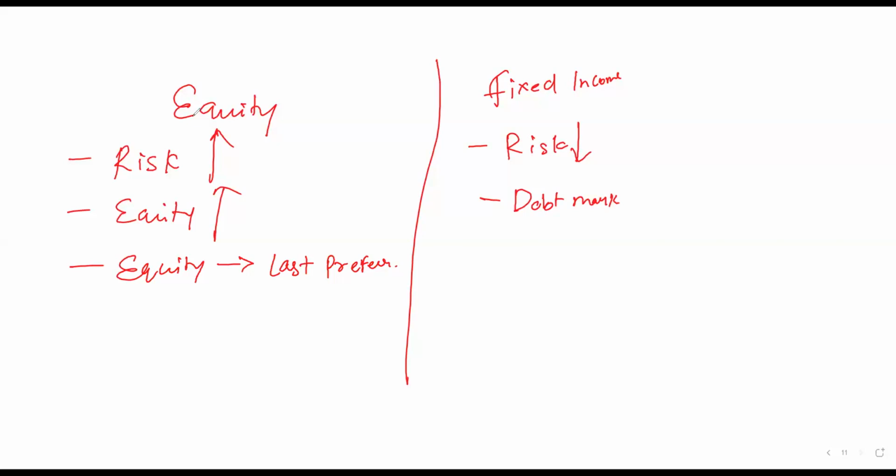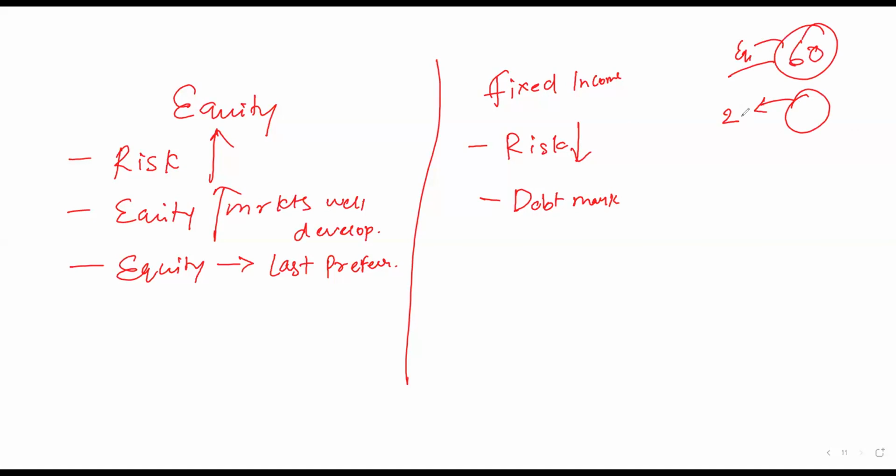The second point you didn't get: equity markets are well developed. There are around 100 students in the class. If I ask how many of you invest in equity, there would be a larger number of people, probably 40, 50, 60 who would say that they invested in equity. But if I ask how many of you invest in bonds, probably hardly two or three people.